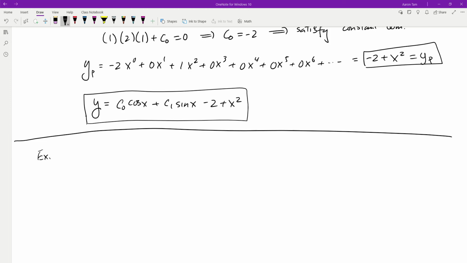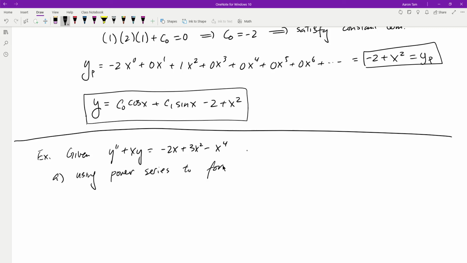Alright, so let's try an example where we won't be able to use any method that we know to deal with it. So how about we do this one? Given y double prime plus xy equal to negative 2x plus 3x squared minus x to the fourth. We're going to go through the following. Part A, we're going to use power series to find the homogeneous solution.